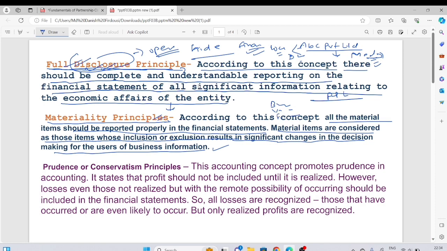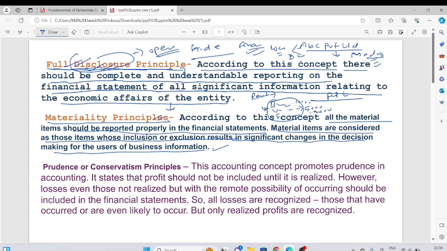Then this principle says that you need not mention all these rents separately. What you have to do is make a head here, rent. Suppose you have paid house rent 10,000, vehicle rent 5,000, and this rent 2,000.